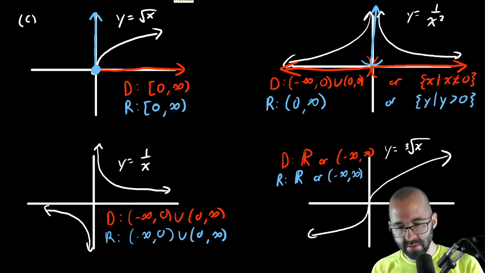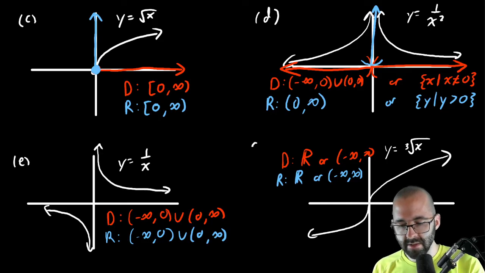Oops. This is going to be letter G. Wait. I didn't even letter these. D, E, F, G. All right, so let's look at a problem over here where we're looking at the Alaska crude oil production.